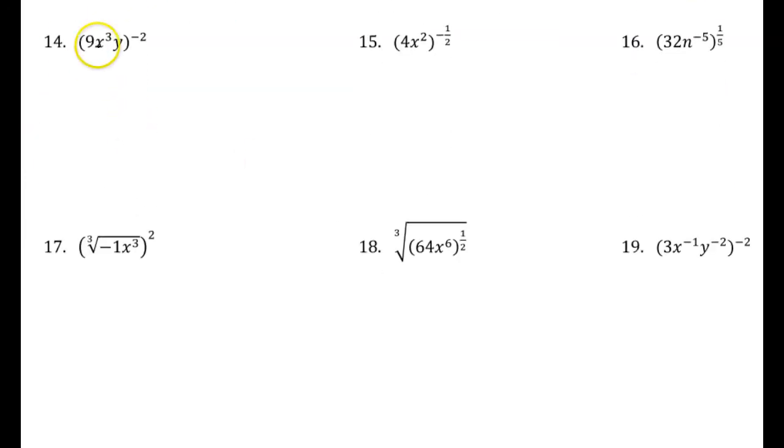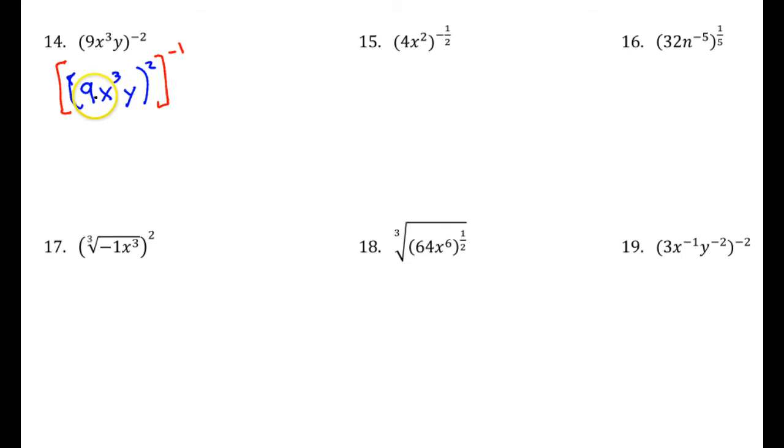Keep it going. Everything here is raised to a negative 2 power. Okay, so I'm going to do 9x to the 3rd times y to the 2nd, and then at the very end, I'm going to flip it. So always break this up into 2 parts.